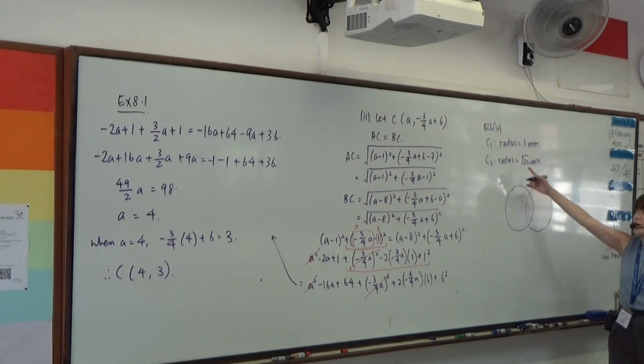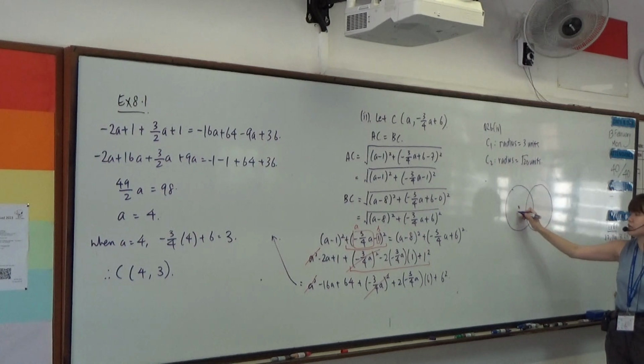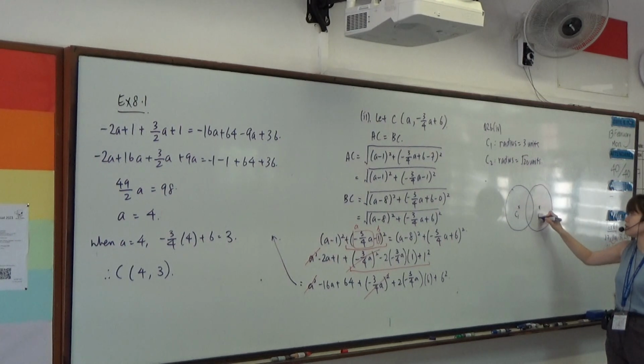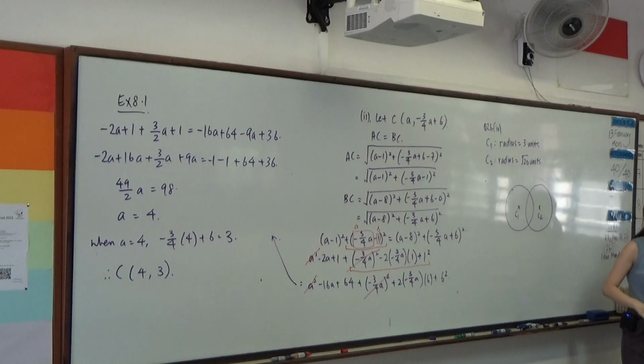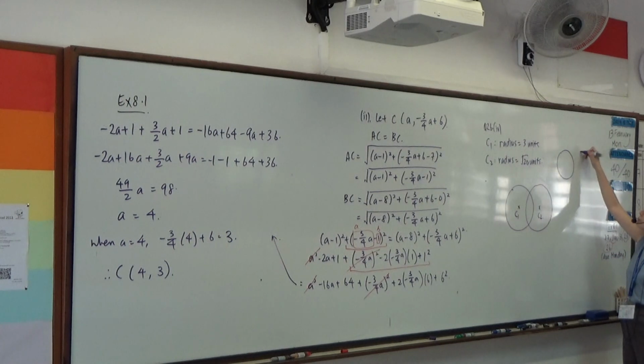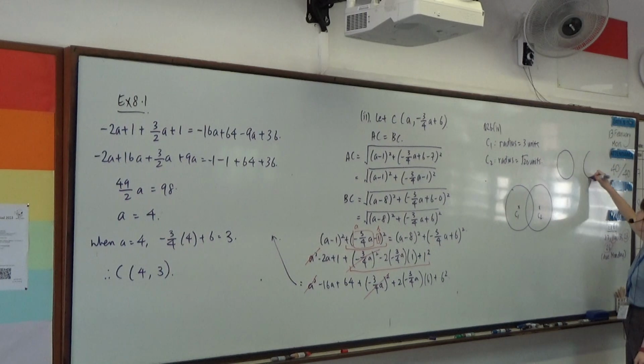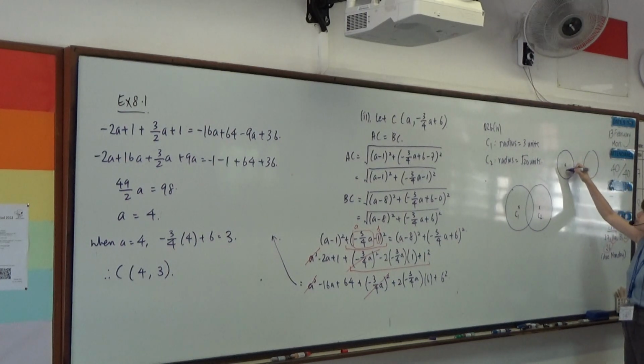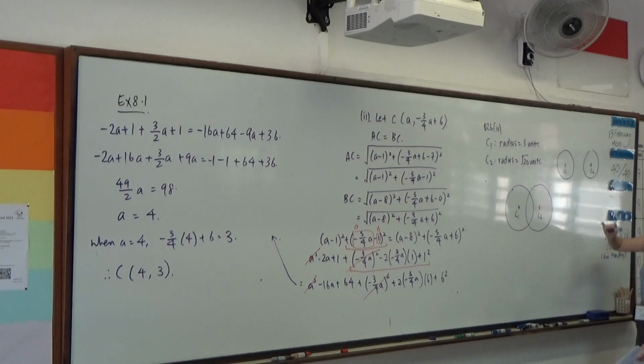Okay, so why do I talk about radius? Because if I know the center of C1 and the center of C2, let's say if they do not intersect, maybe let's draw two separate circles. If they do not intersect, means they are far apart, no?